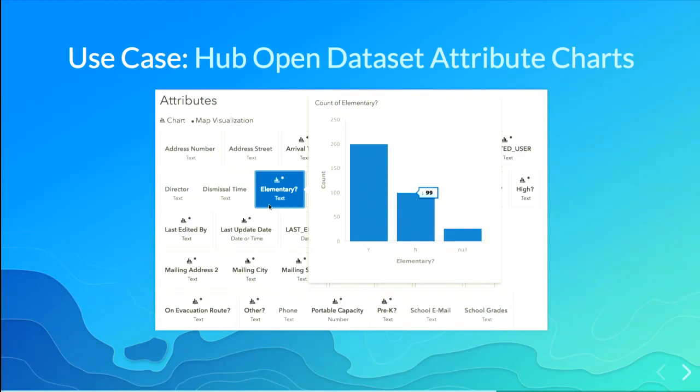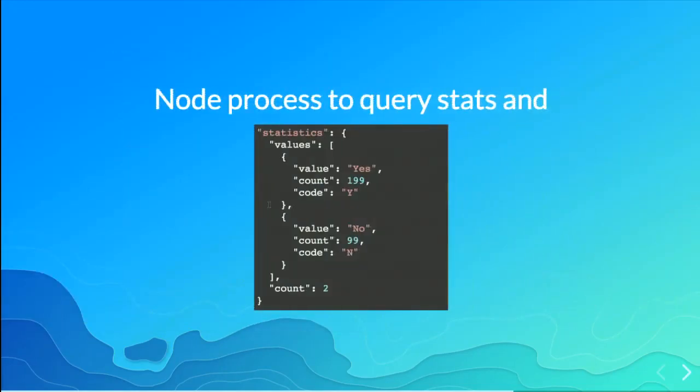How we generate that chart, that distribution, and how we decide whether or not a given attribute is chartable, is based on some things that we have right there, some of the field metadata, what type of field it is, but it's also based in part on statistics. And you get some data sets that have dozens of fields. We don't want to run all those statistics at runtime every time someone hits this in the browser.